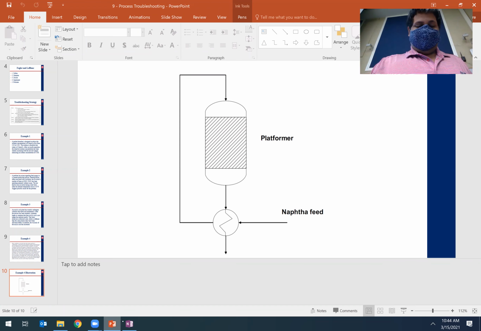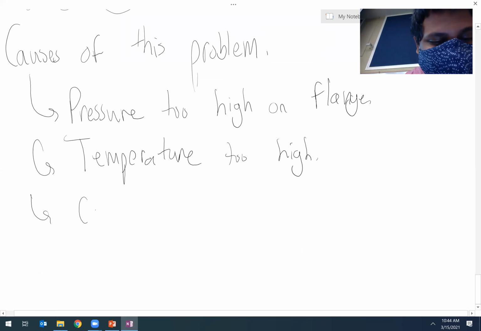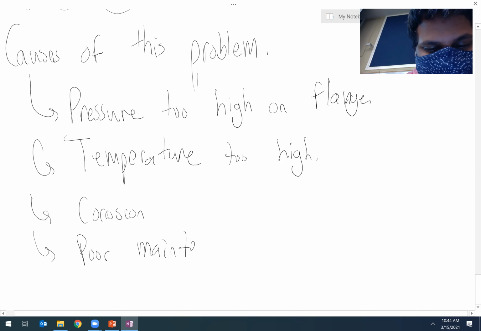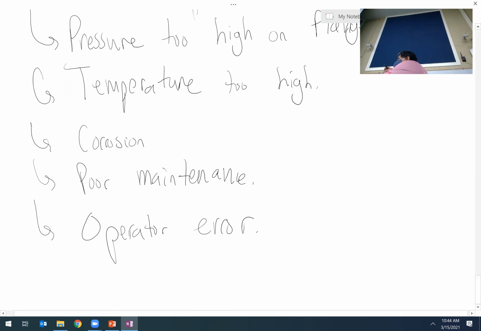You guys want some of the old goodies? What did we say? Corrosion, poor maintenance. Operator error. The usual. Is there any other processing condition that you might think would cause this?